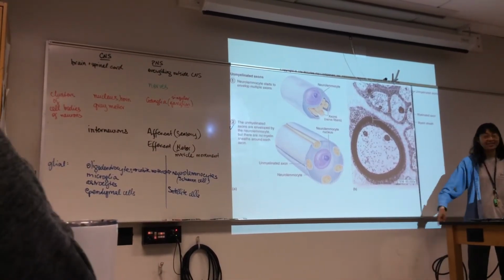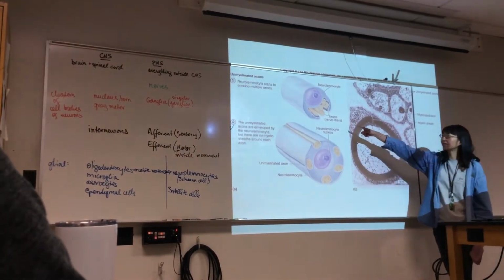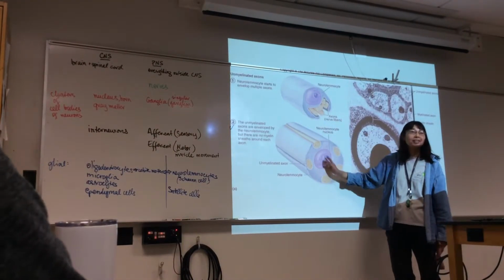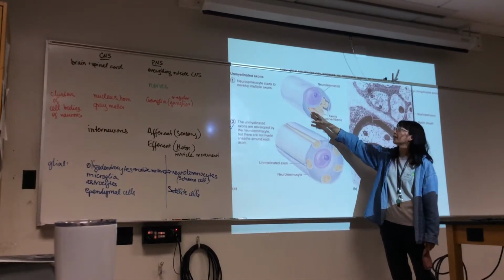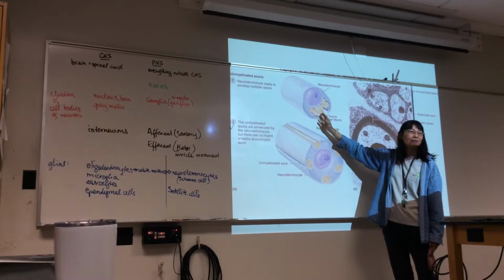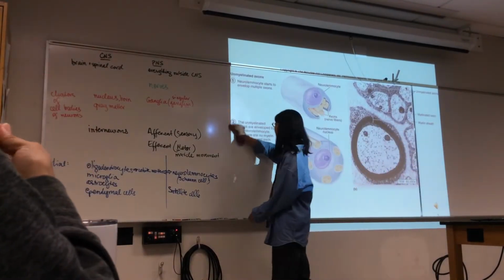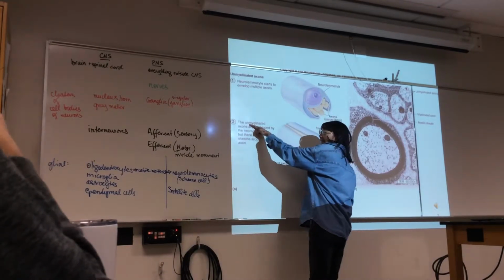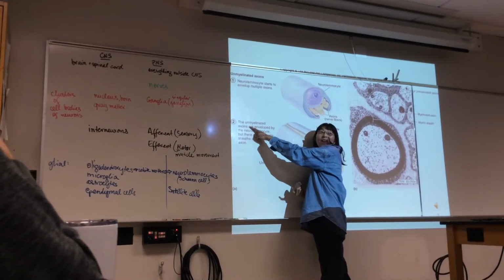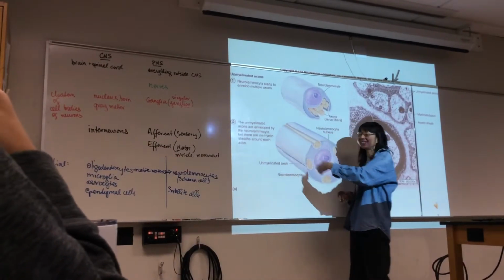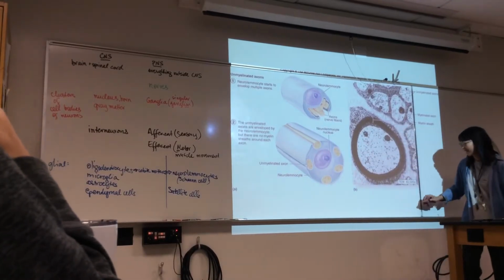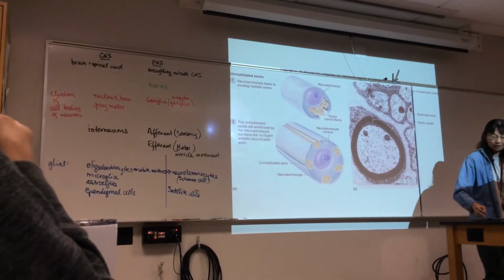Wrapping, right? Do you see that around here? No. So even though there's a neurolemmocyte, this is not myelinated. So we call it unmyelinated. Get it? Unmyelinated, not myelinated. So not all axons are myelinated.